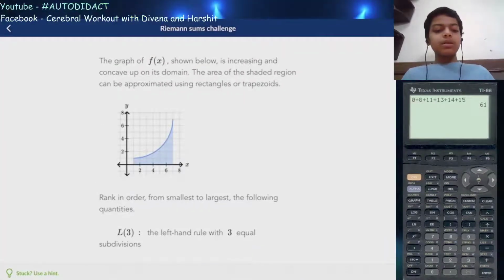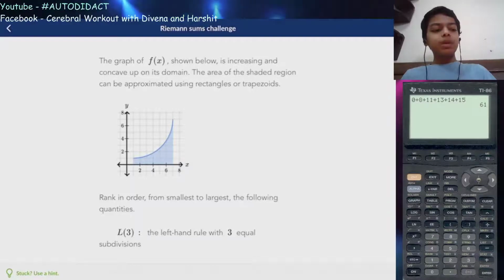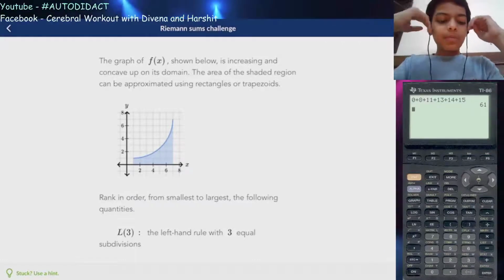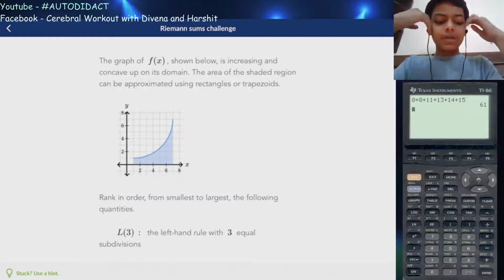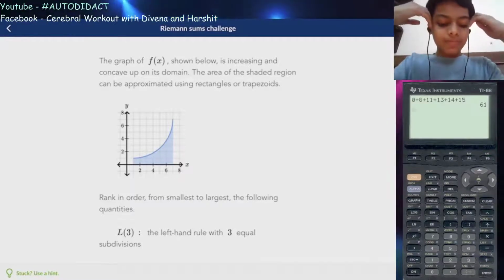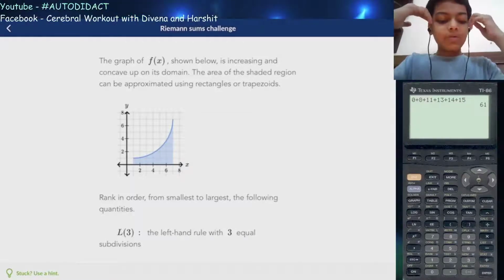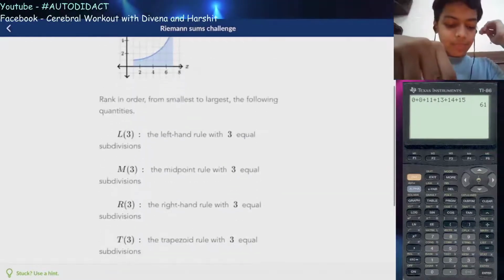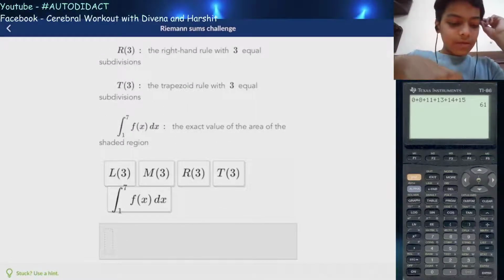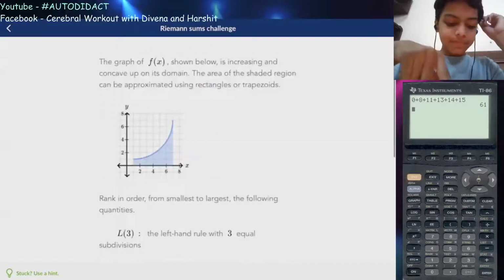Let's go next. The graph of f of x shown below is increasing and concave up on its domain. The area of the shaded region can be approximated using rectangles or trapezoids. Rank in order from smallest to largest the following quantities: L of 3, the left-hand rule with 3 equal subdivisions, M of 3, and we have to rank them in order.